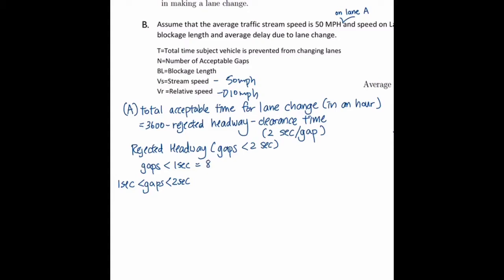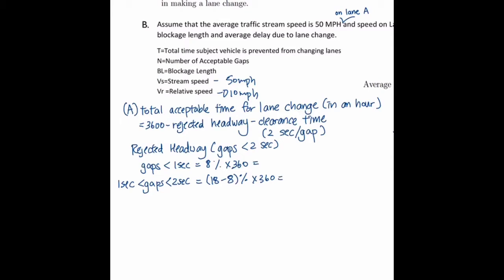It'll be 8% of the vehicles in lane A times 360, and 18 minus 8 because it's between 1 to 2 seconds, percent times 360 gaps or vehicles.